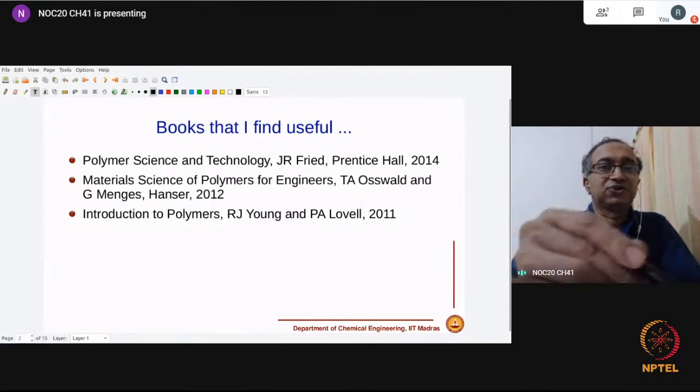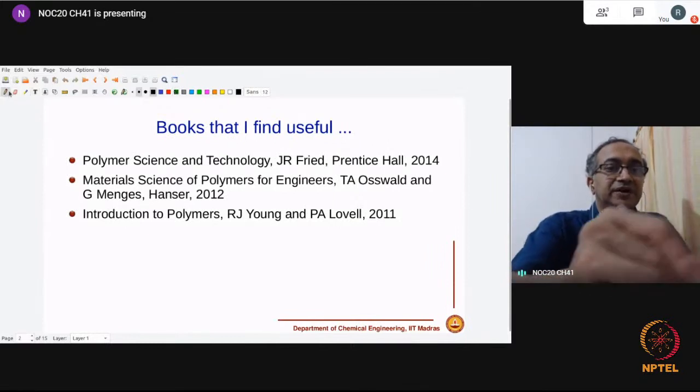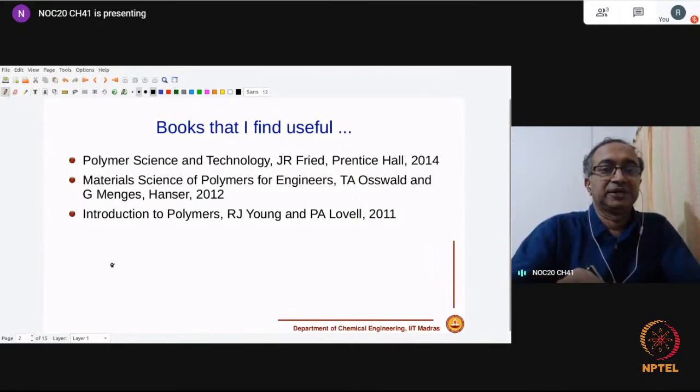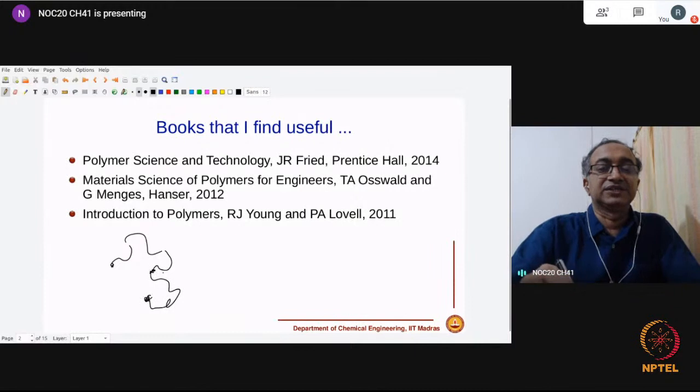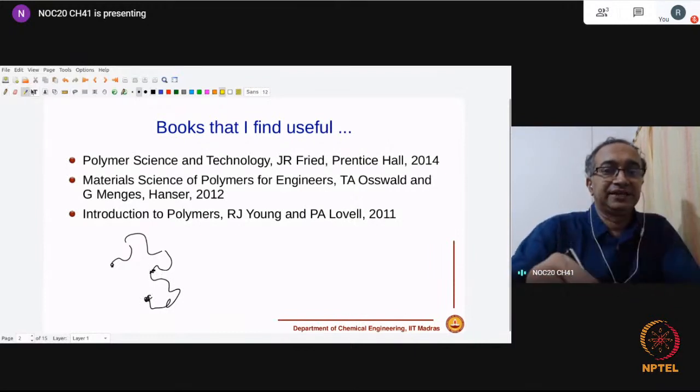Maybe I'll quickly draw it and show it to you here. For example, if we have a cross-linked polymer, and these are the cross-link points, you can see that the chain is very long.